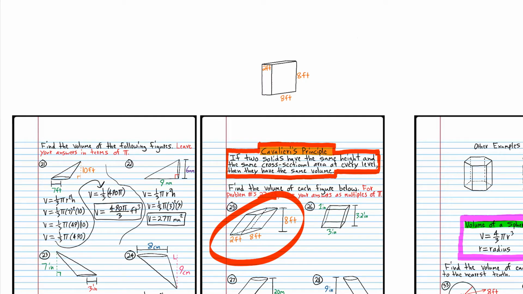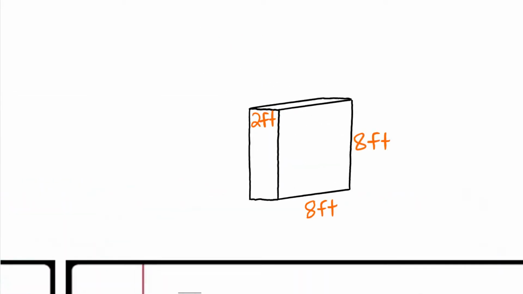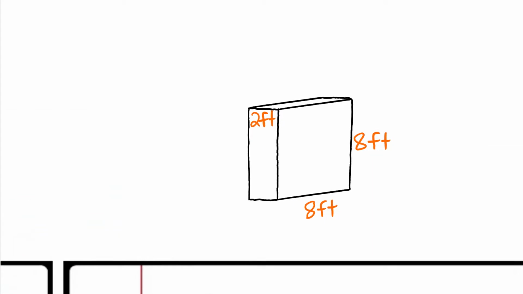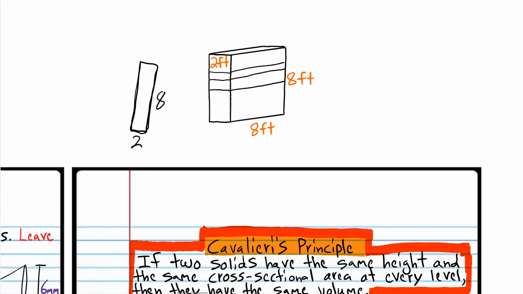And also if you look at the cross-sectional area, now cross-sectional area might be a little confusing if you've never heard that before, but what that means is if I take this tower here and I slice it, so I have a slice right there, just a thin two-dimensional slice, and I take that out, it's going to be something like this. I didn't draw that very well, but it's just a rectangle. You have 2 feet by 8 feet. And if I take a slice out of each of these parts, you see the cross-sectional area is the same for each of those slices.